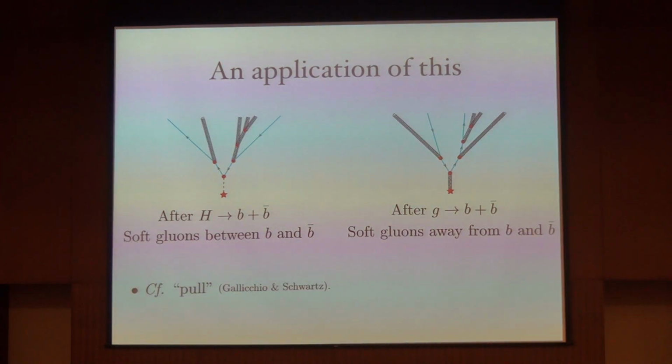So it is more likely to emit these soft gluons in the angular region outside of the region between the b and the b-bar. So just that difference of angular distribution is helpful for distinguishing the signal events from the background events. And there's a variable that codifies that. It's called pull.